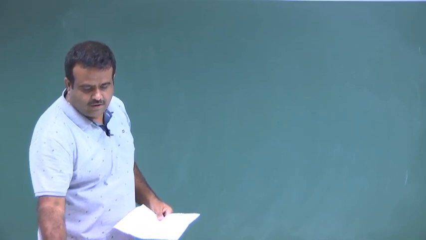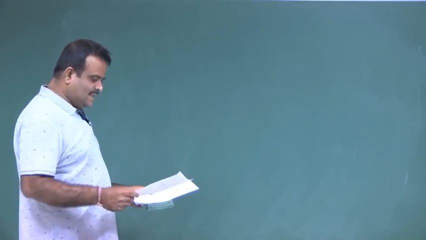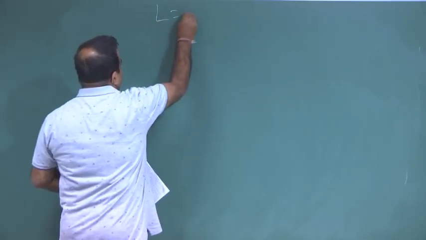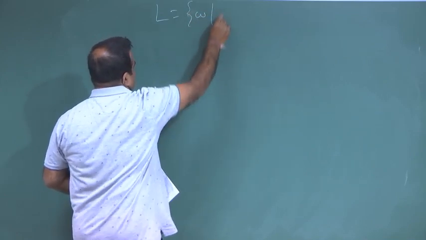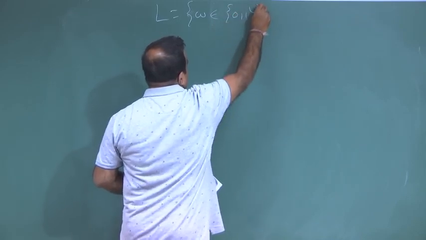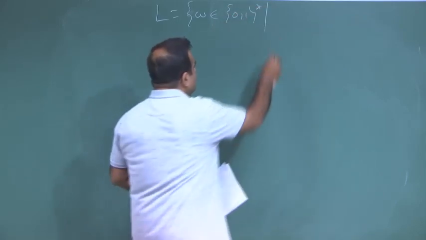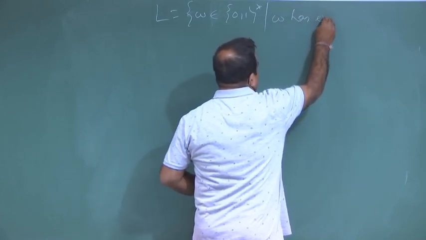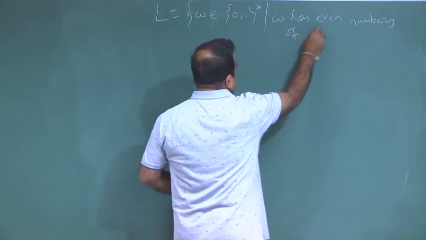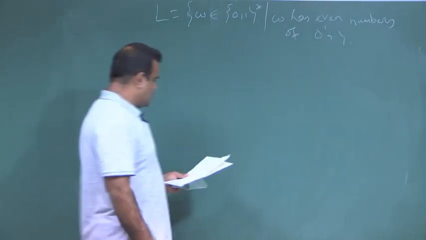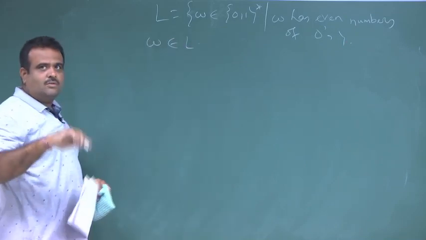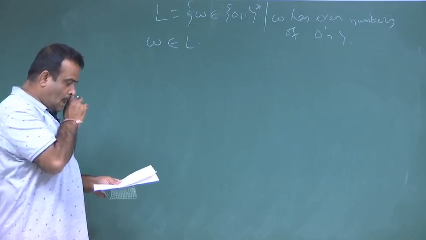For that we need to decompose like this. So, the idea is, this L is the set of all W such that W has an even number of zeros. Now, if you take a W from this, earlier we decomposed, now we can decompose in another way.